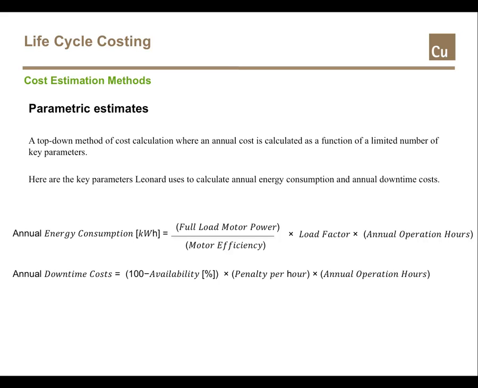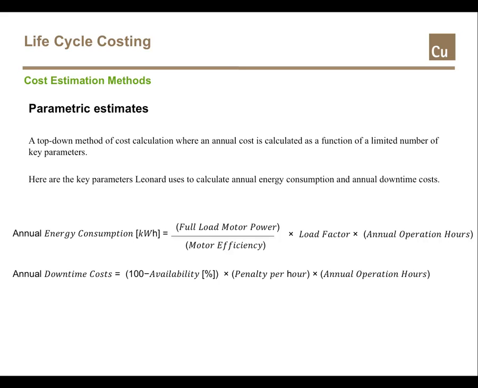Leonard at ABC Petrochemicals used the input parameters full load power, motor efficiency, load factor, that is the average percentage at full load power, together with the annual hours of operation to calculate the pump's annual energy consumption. You can see his formula on this slide.